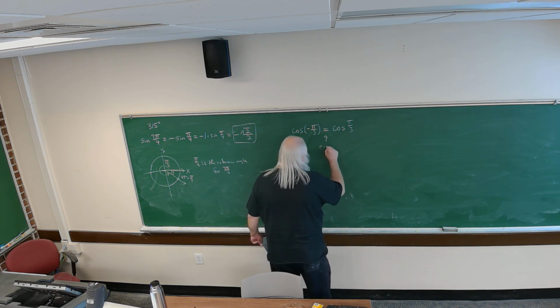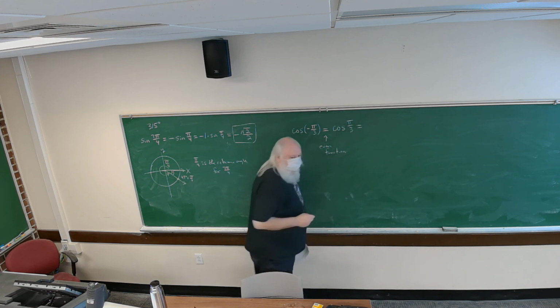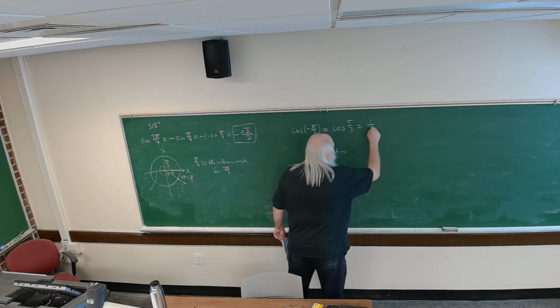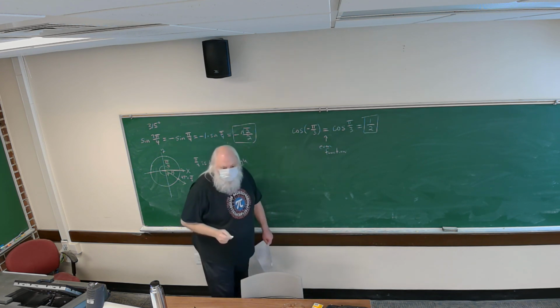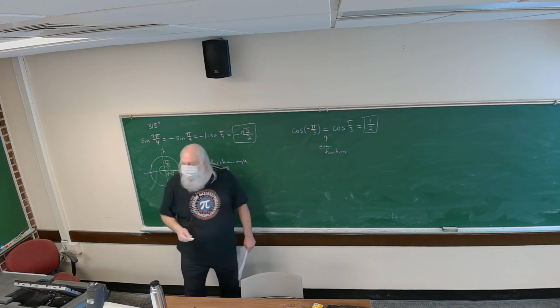Cosine is an even function. What's the cosine of pi over 3 radians? 1/2 from the previous page, which you need to know. So I'm just taking advantage of properties of the cosine and sine functions.